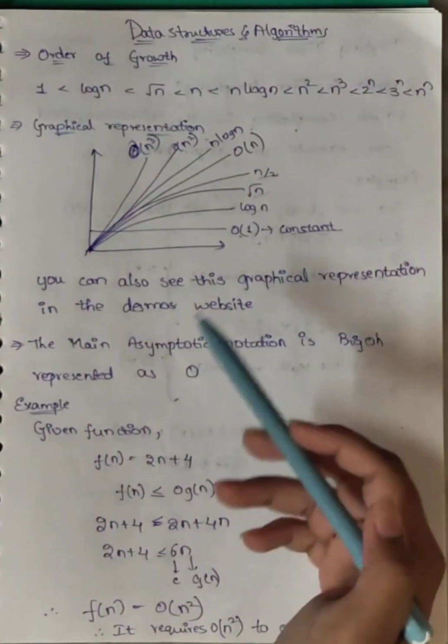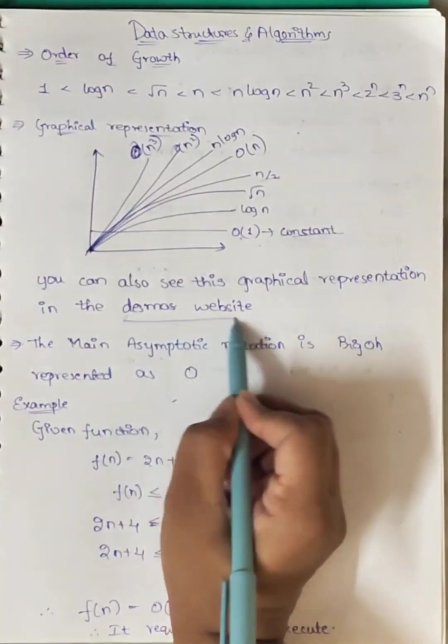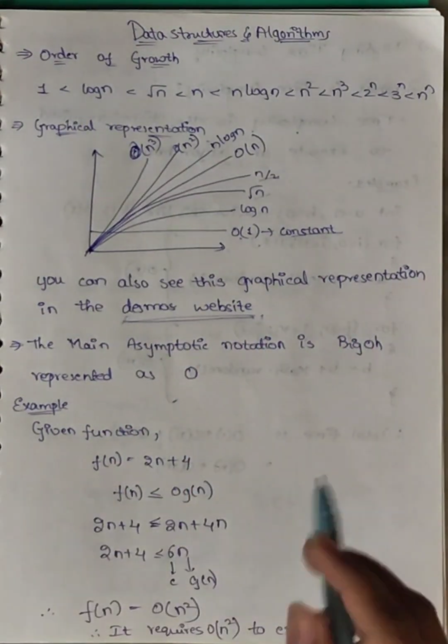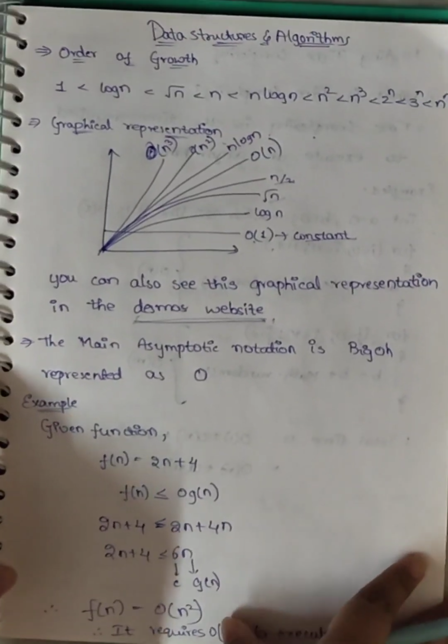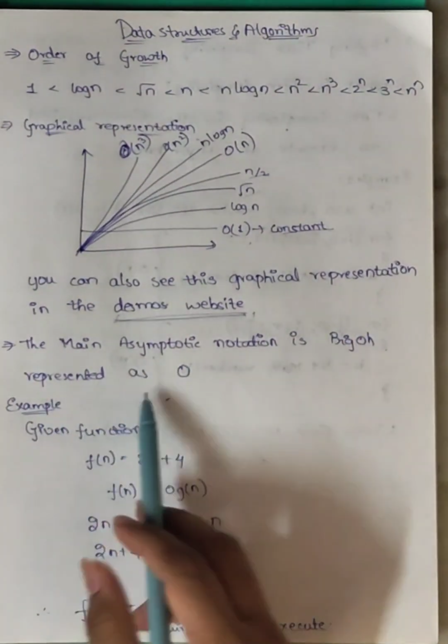If you want to represent it in a digital way, you can use a website called Desmos. Now the main asymptotic notation is big O, represented like this.